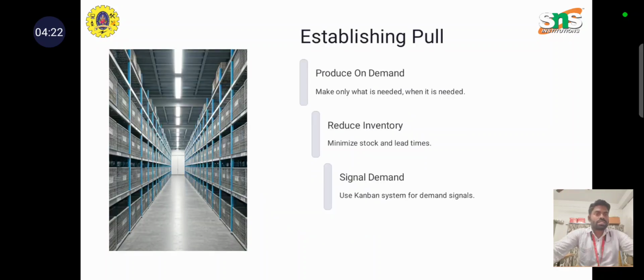And the next one is the process. As I said earlier, we have different categories of process: the push type and the pull type. The push type is associated with the conventional manufacturing process. In conventional manufacturing, we forecast the future demand, and based on our forecast we produce the product in mass quantity, or mass production.